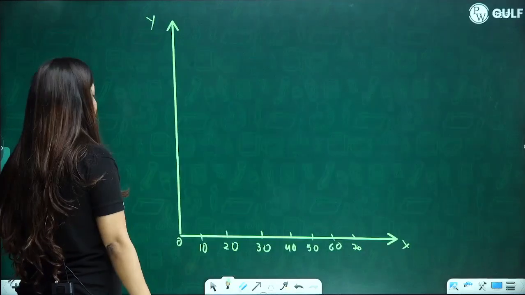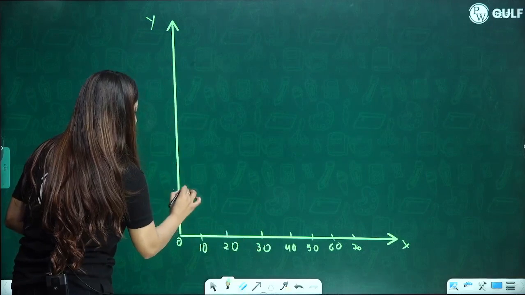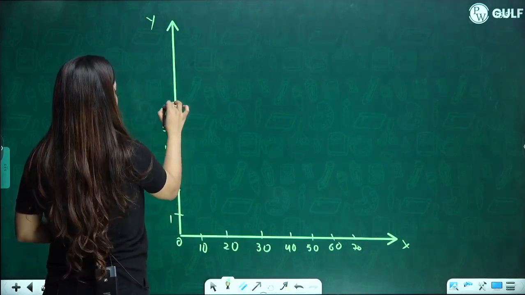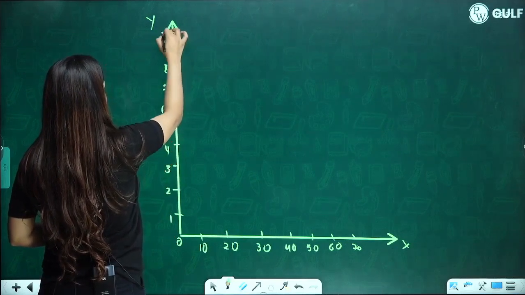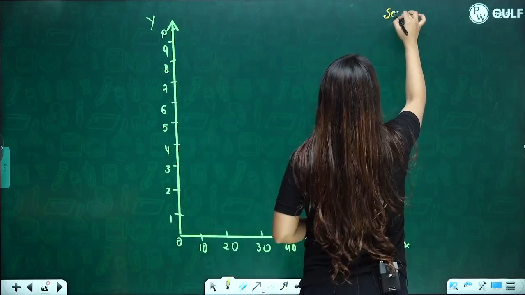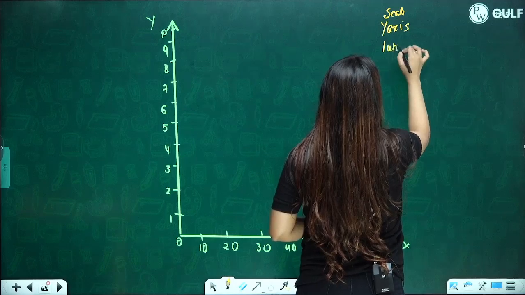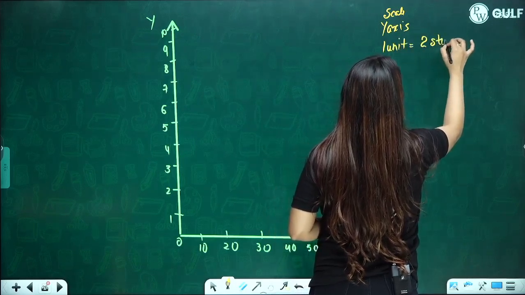So we can take a gap of 2, basically 1, 2, 3, 4, 5, 6, 7, 8, 9 and 10. For the scale we have to write that on the y-axis 1 unit represents 2 students.